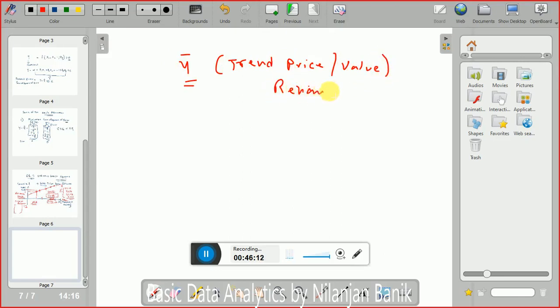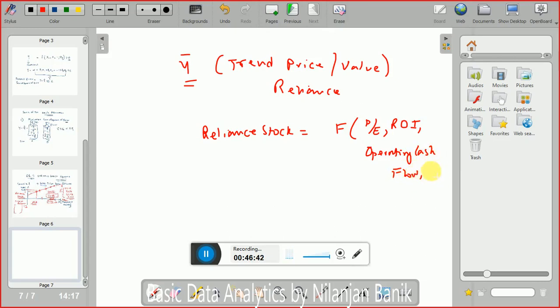The other estimate is, I now try to model the price of Reliance stock as a function of, let's say, price earning ratio, as a function of return on investment, as a function of, let's say, operating cash flow, and there can be many other variables. Let's say that I fix my observation only on these 3 independent variables.